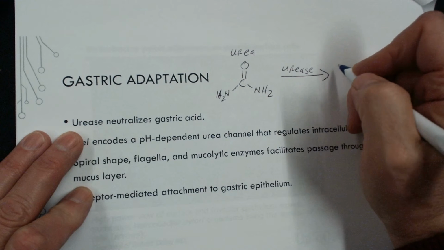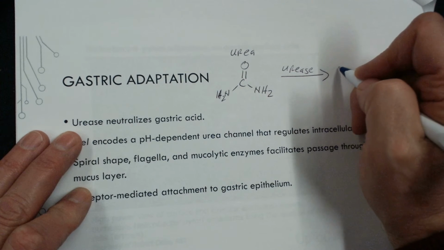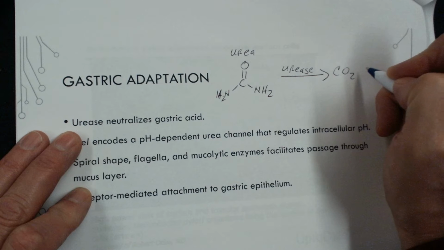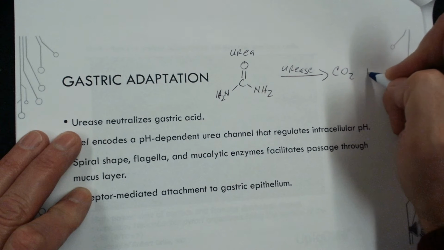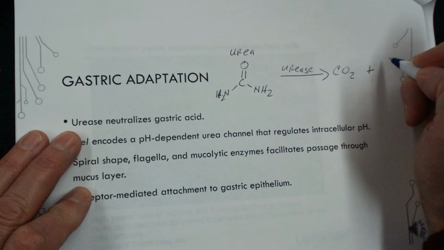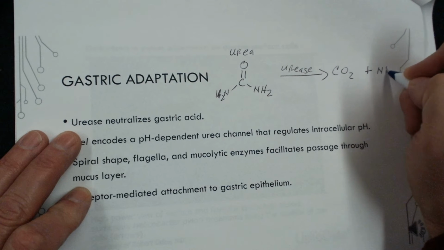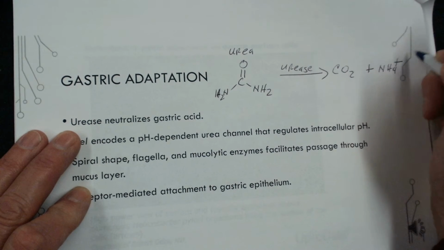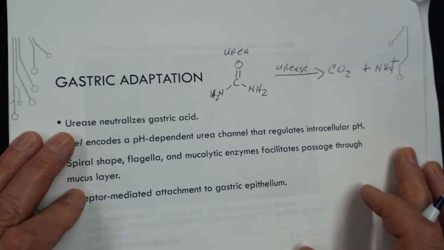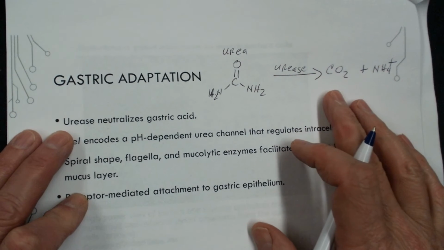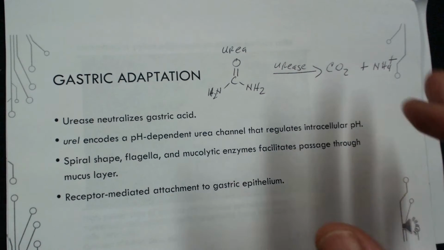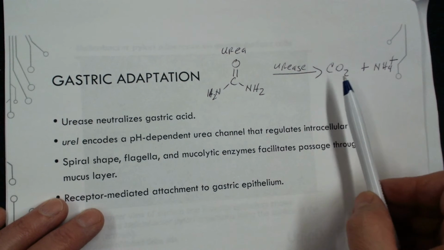And you're going to get carbon dioxide, and you're going to get ammonia. This equation is not at all balanced, but I'm not going to take the time to balance it right now.